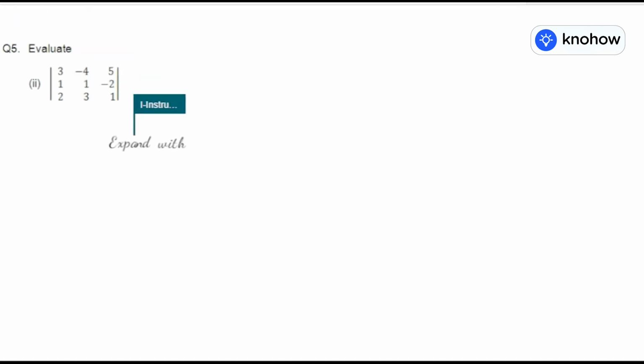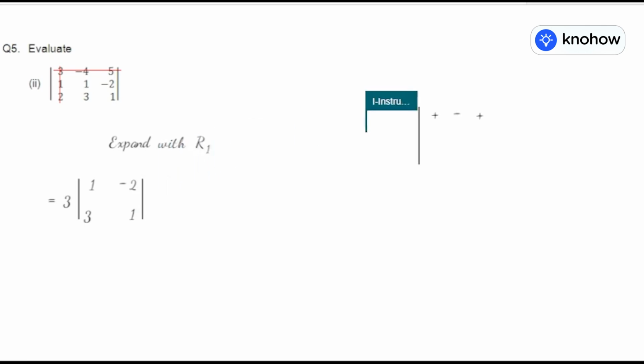So it will be 3 times, delete the row and column through 3, you get 3 times the determinant 1 minus 2, 3, 1, and minus 4 times, and as per convention plus minus plus minus plus minus plus minus plus, for the second element of the first row, it should be negative times.